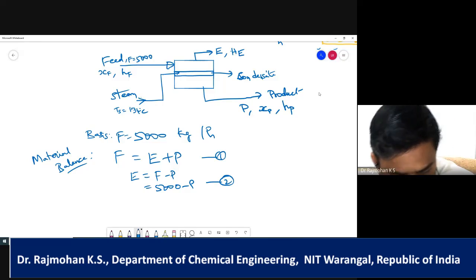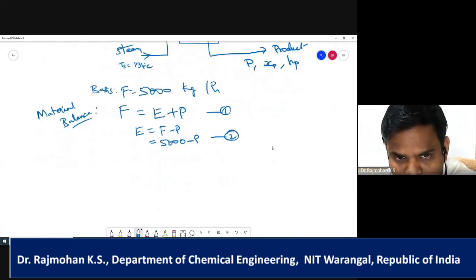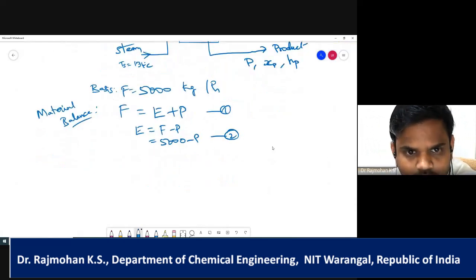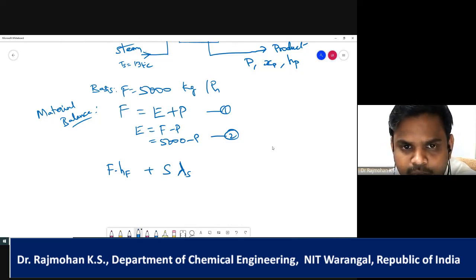Okay. Then what is the energy balance? So in the energy balance we have to consider S, right? How to write the energy balance? It is the heat associated with it. So F into HF plus S into lambda S. When I write lambda, I am taking into consideration the steam input and steam output. Lambda S is equal to HS minus small hs.